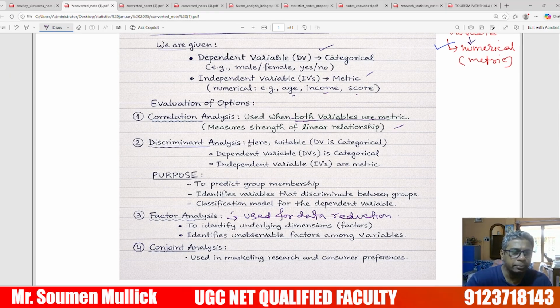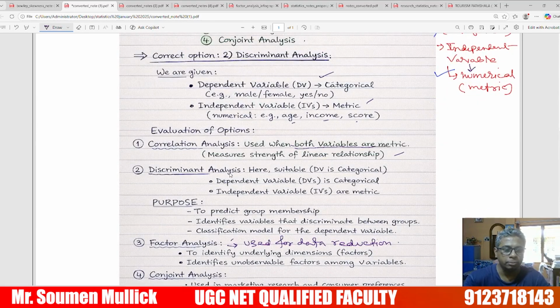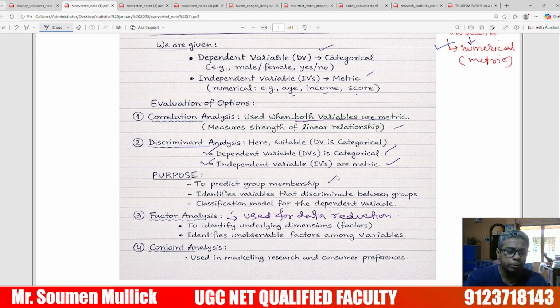In the case of discriminant analysis, the dependent variable is categorical and independent variables are metric. The purpose is to predict the group membership, to identify variables that discriminate between the groups, and to build a classification model for the dependent variable.